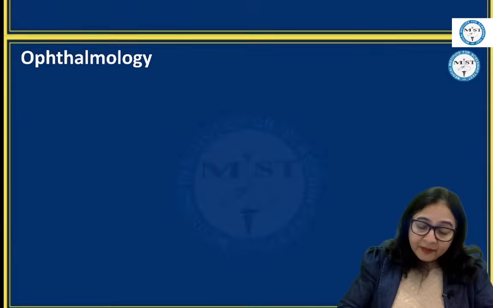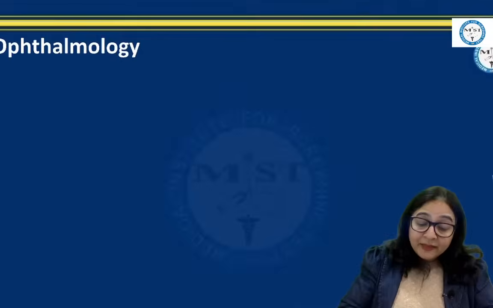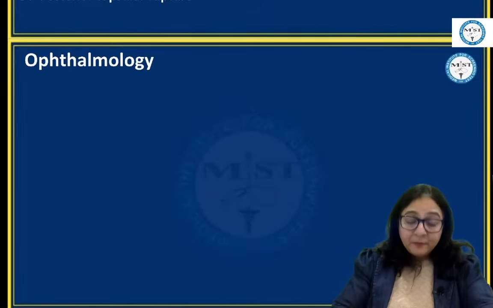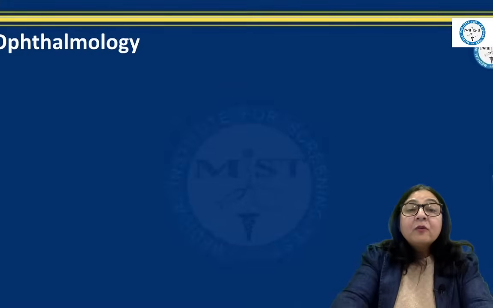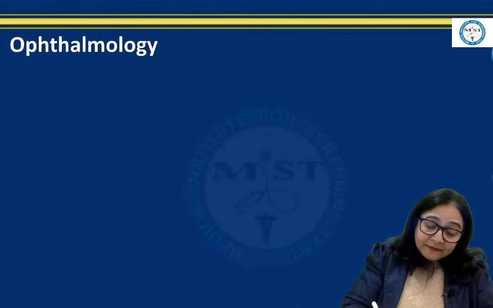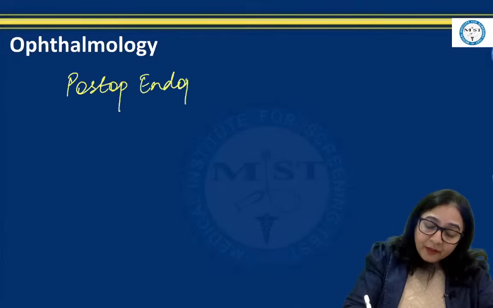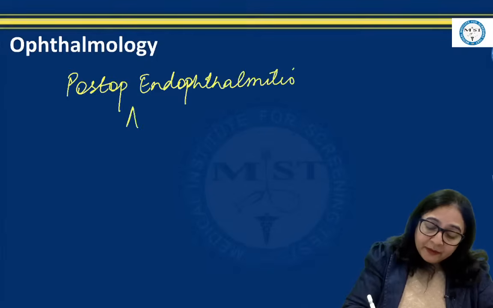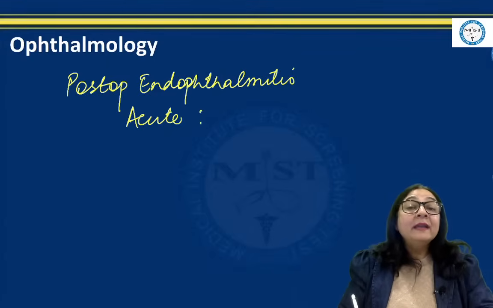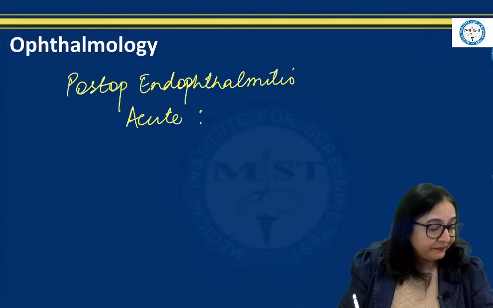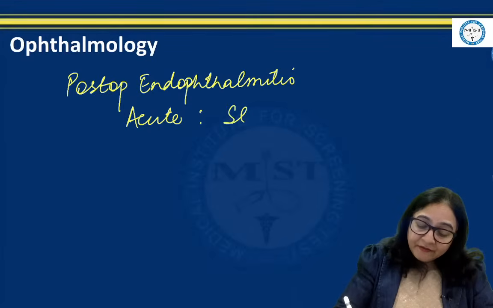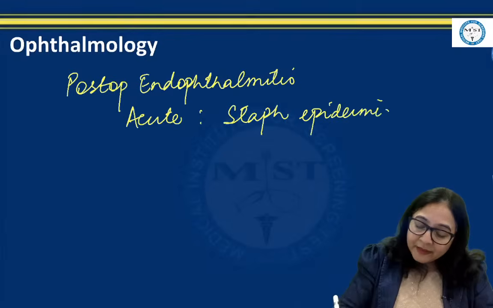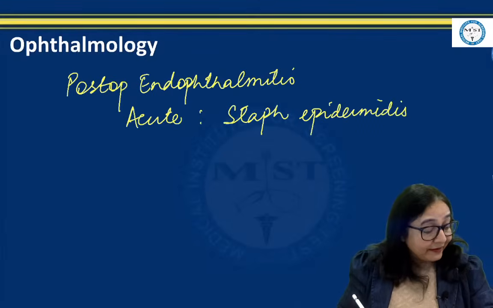Now something about these other choices, because complications of cataract surgery are again an important topic for you. Post-op endophthalmitis: as you all know, the most common organism involved in acute post-op endophthalmitis is Staph epidermidis, which is also your normal commensal in the conjunctival sac.